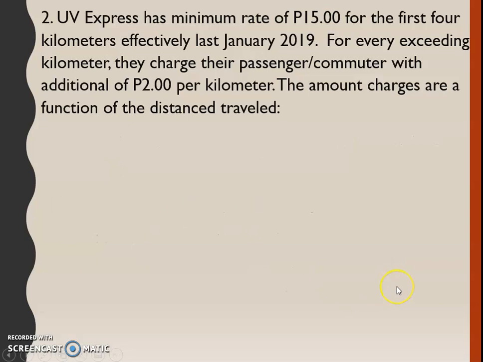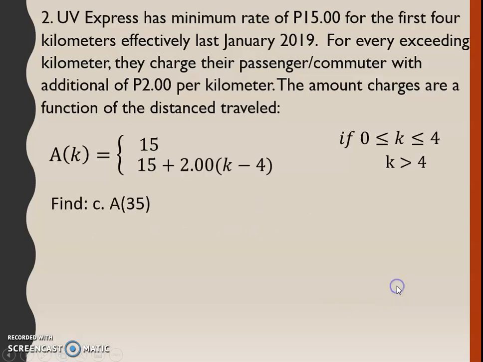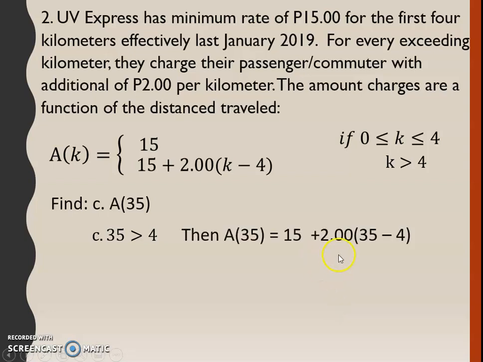Let's have the next part. How about the distance traveled of 35 kilometers? So how much will a commuter traveling 35 kilometers pay? We have the second equation: K minus 4, where K is 35, minus 4 will be 31. 31 times 2 is 62.